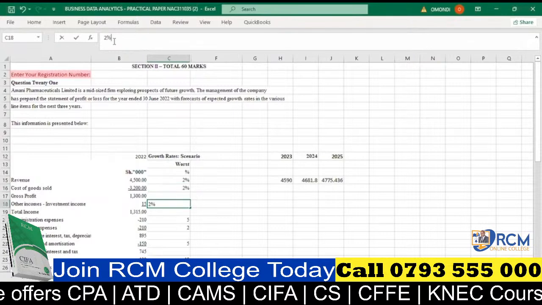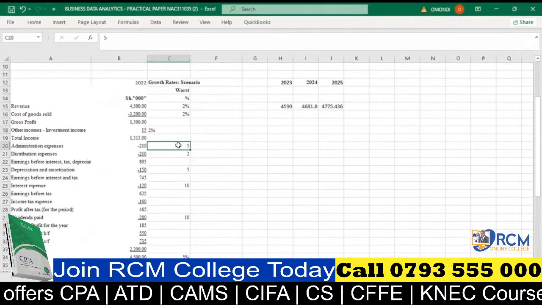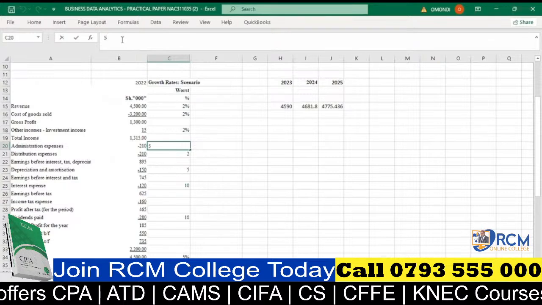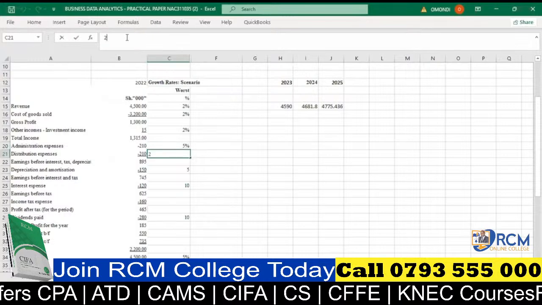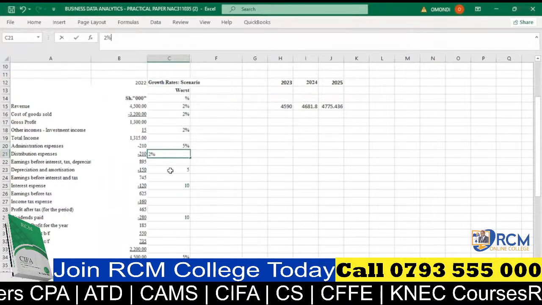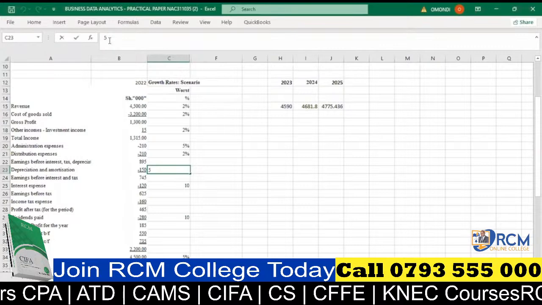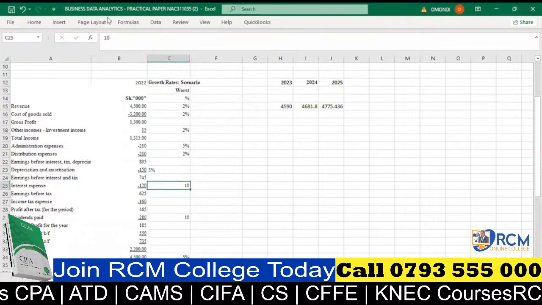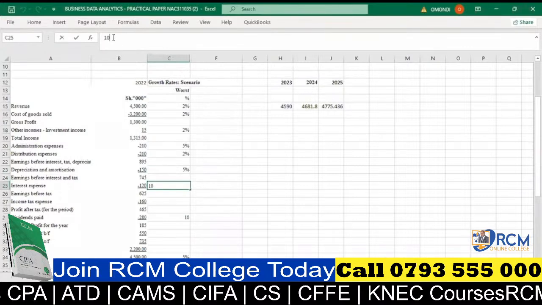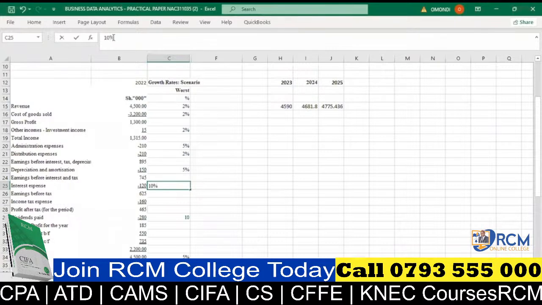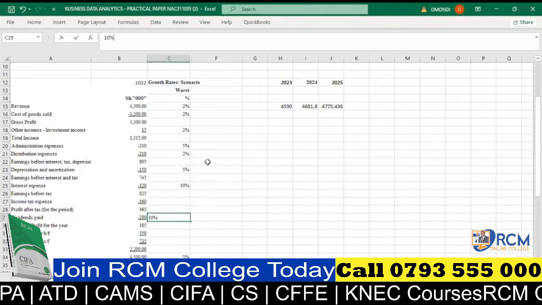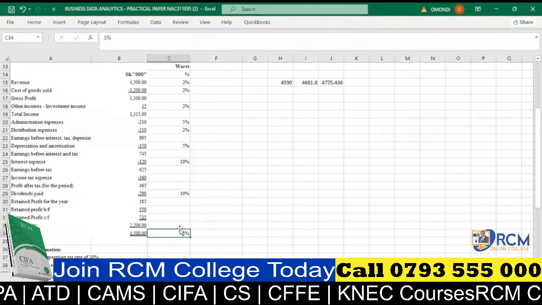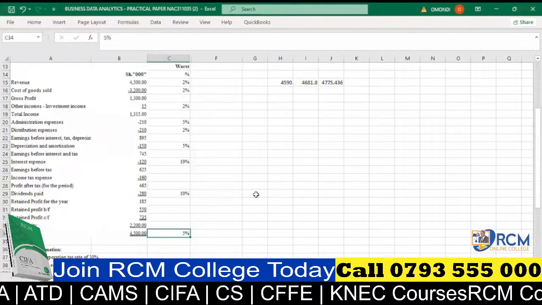Make those ones to be percentages because you're going to use them for the 3 scenarios. Let's just make them to that pattern because some people are not able to understand why we are converting 10 to 10%. So that's what they're indicating.